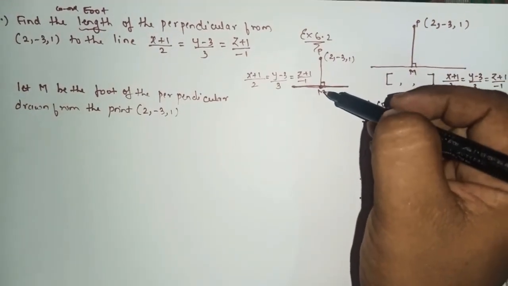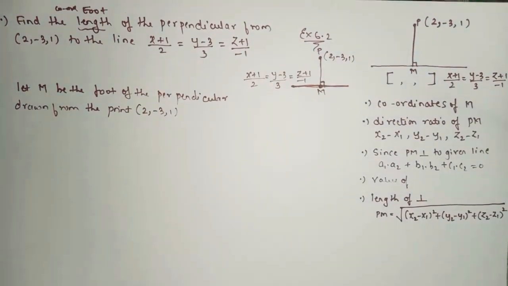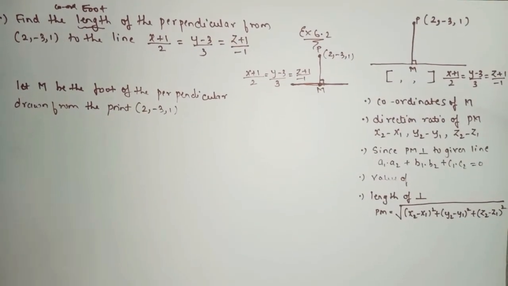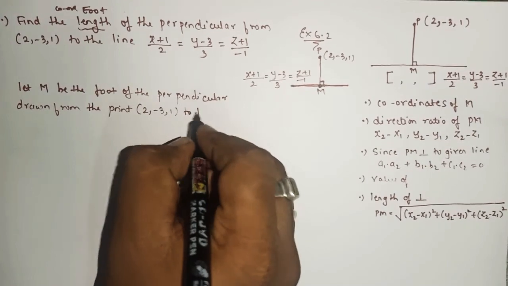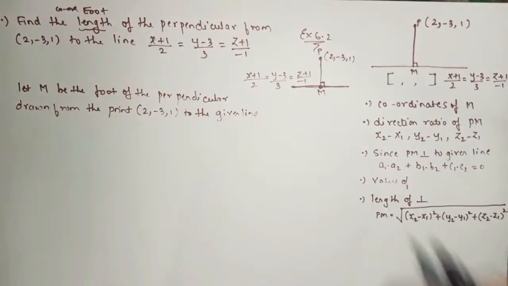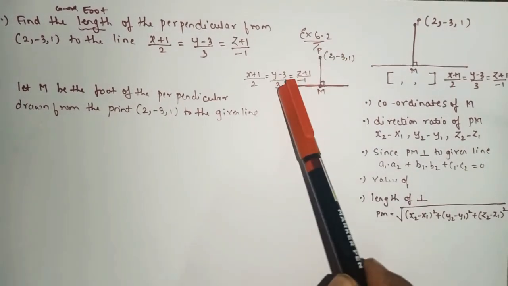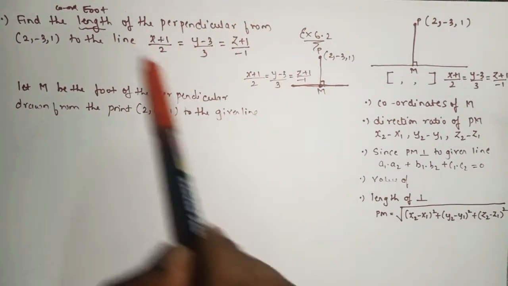So M is the foot of the perpendicular drawn from the point 2 comma minus 3 comma 1 to the given line. Here PM is perpendicular to the given line. So what is the given line here?